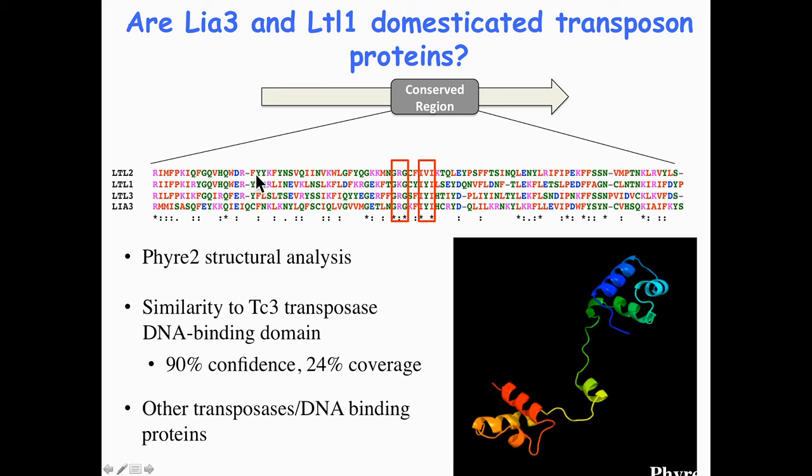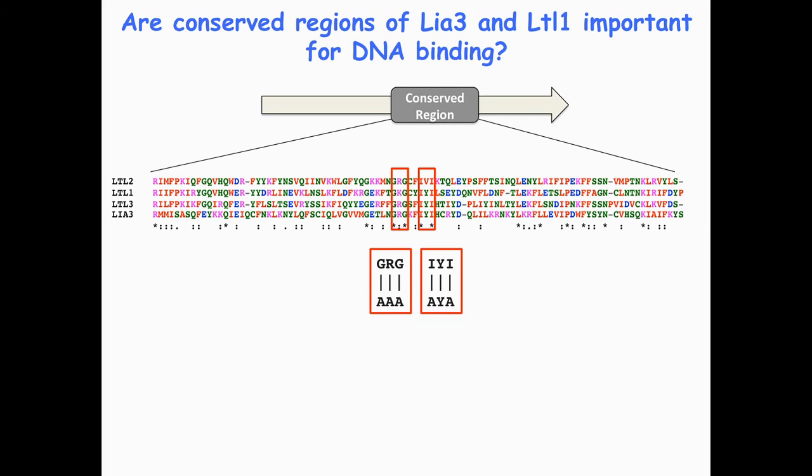If you do this analysis, in addition to finding each other in an unbiased analysis, its highest prediction, over about 24% coverage, is similarity to DNA binding motifs within TC3 DNA binding domains of these transposase proteins. So I think it's likely that these represent DNA binding proteins that were domesticated from transposase, but they've diverged such that it's really hard to recognize that. We can only see it in the structure and in the function.